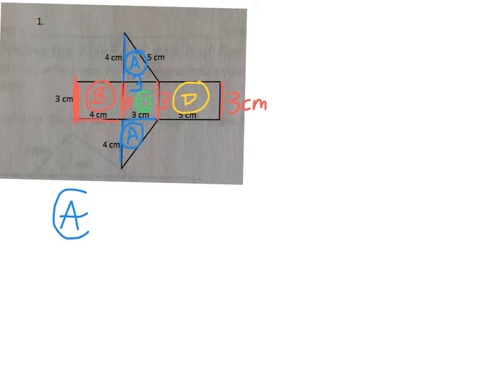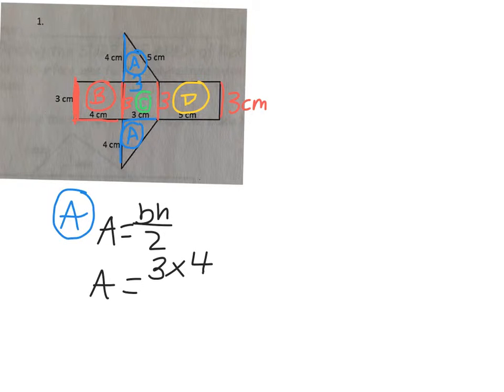So shape A. Shape A is a triangle, so our formula should be area equals base times height divided by 2, or you can do area equals 1/2 times base times height. So I'm going to stick with base times height divided by 2, and we said our base was 3 centimeters times our height, which was 4, divided by 2.